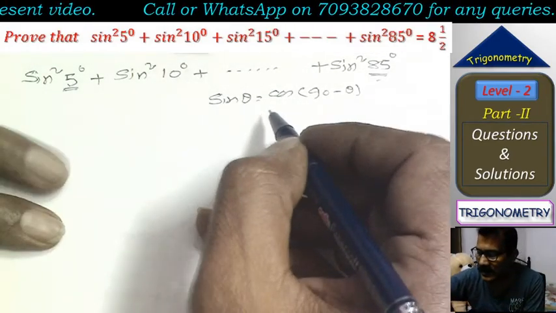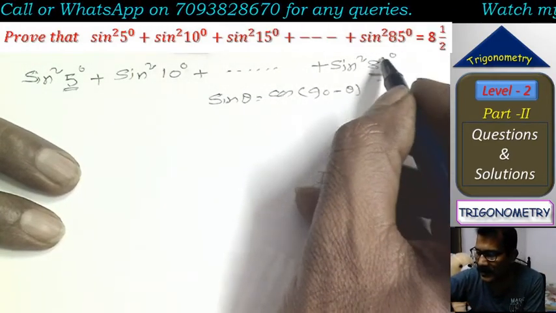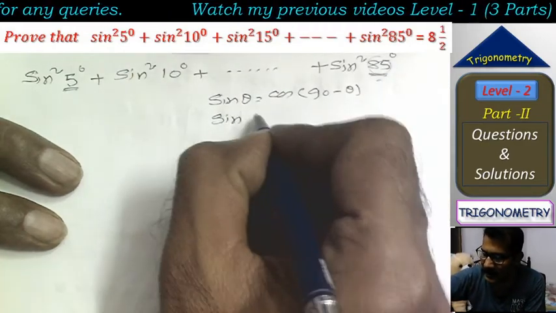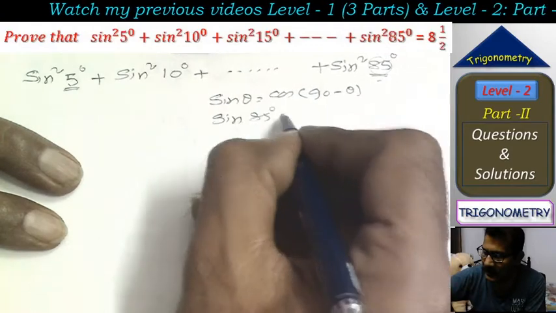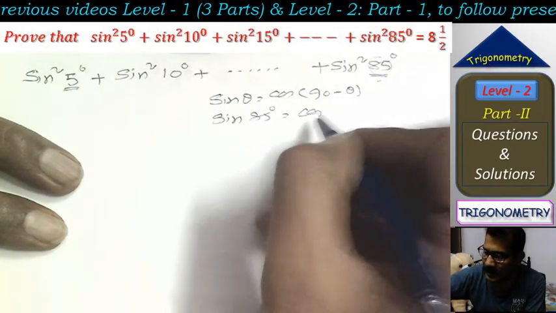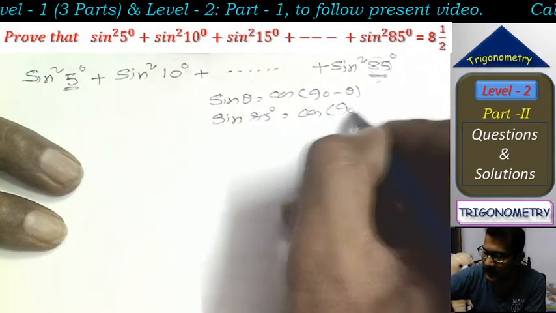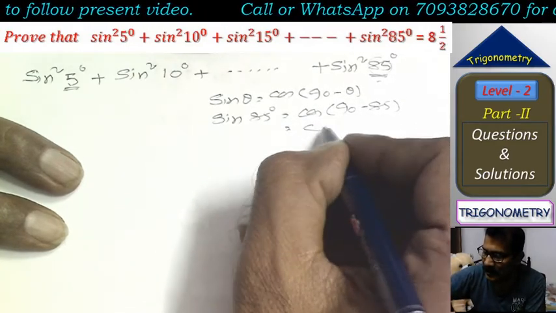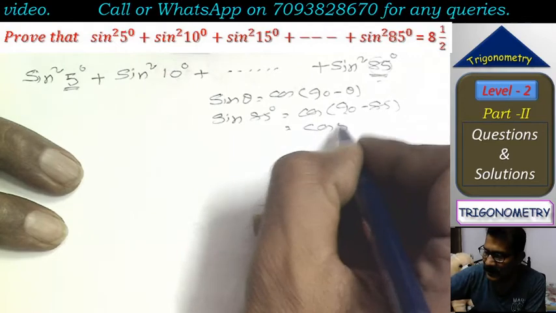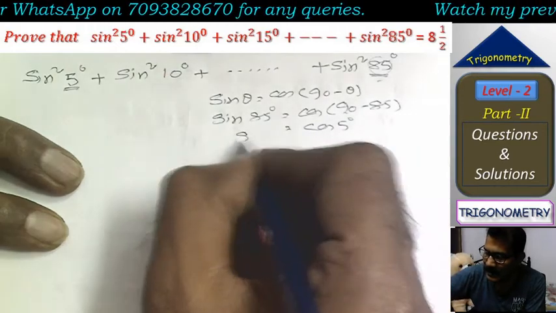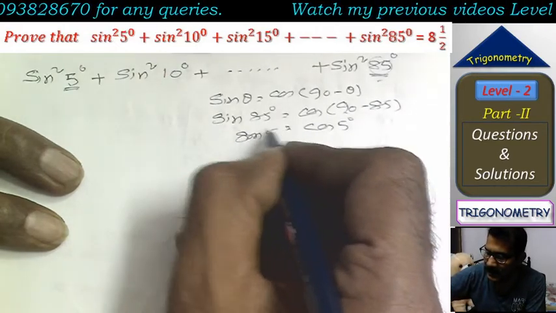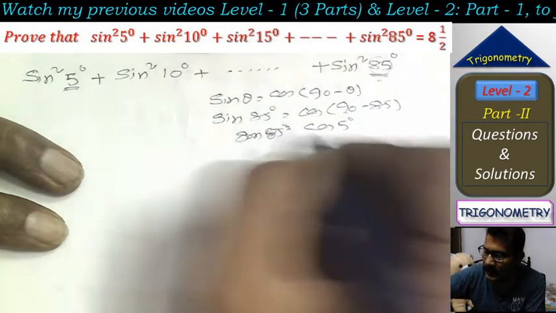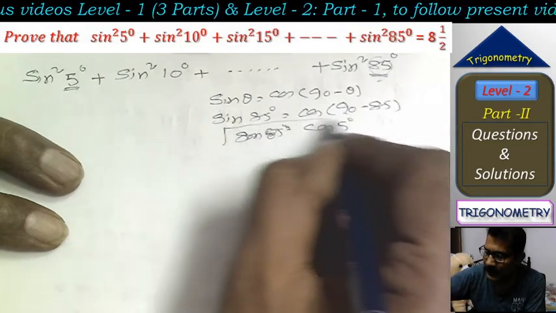By using this relation, let me take 85 degrees for theta. Then sine 85 degrees you can write as cos of 90 minus 85, that is cos of 5 degree. So sine 85 degree is equal to cos of 5 degree, right?